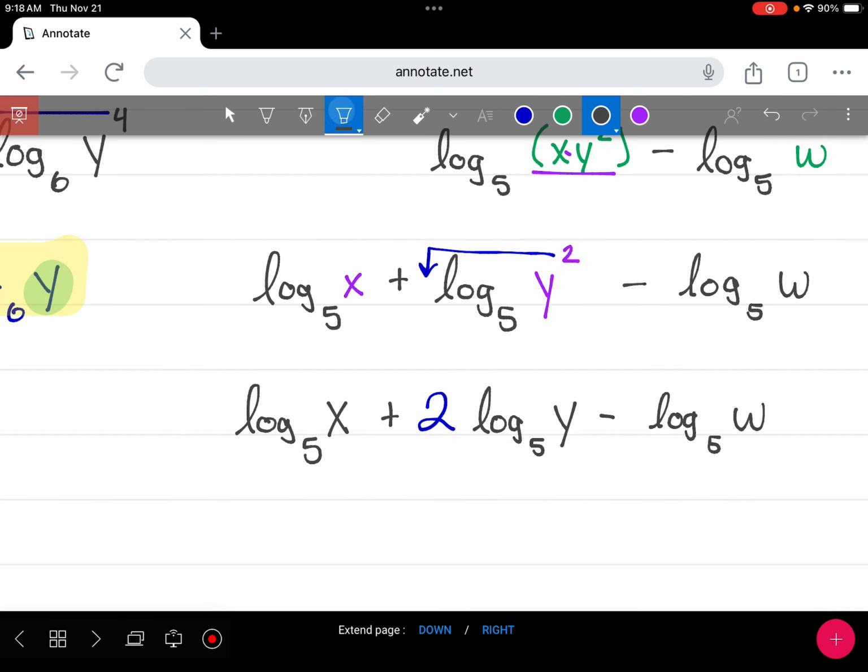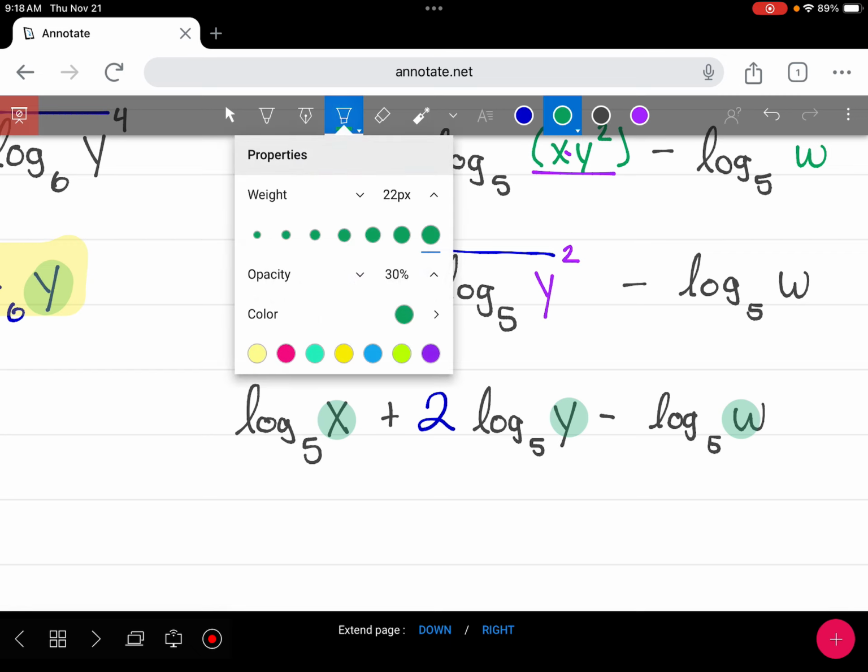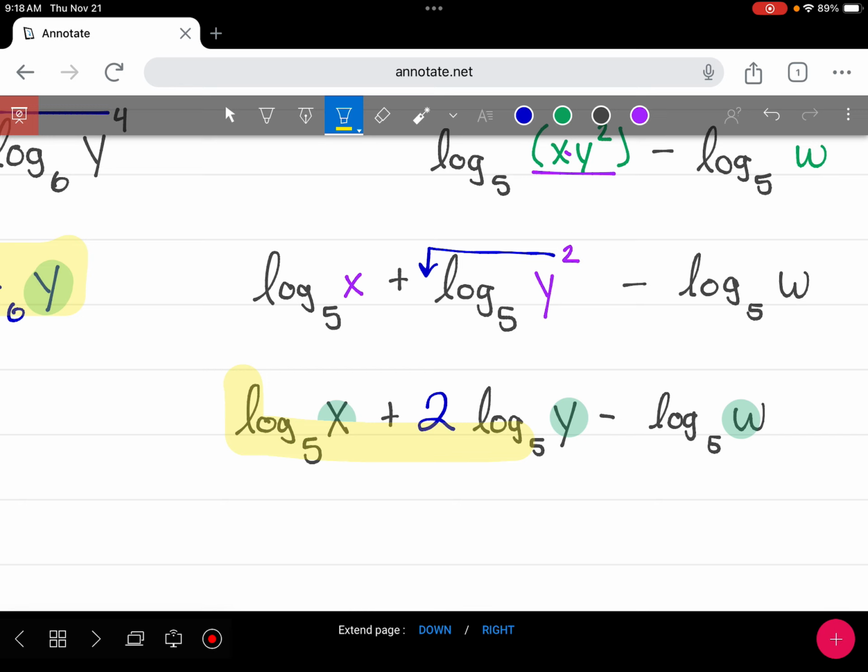And every single one of my logarithms just has one single piece in the argument. Just one x, just one y, just one w. So this is my fully expanded form.